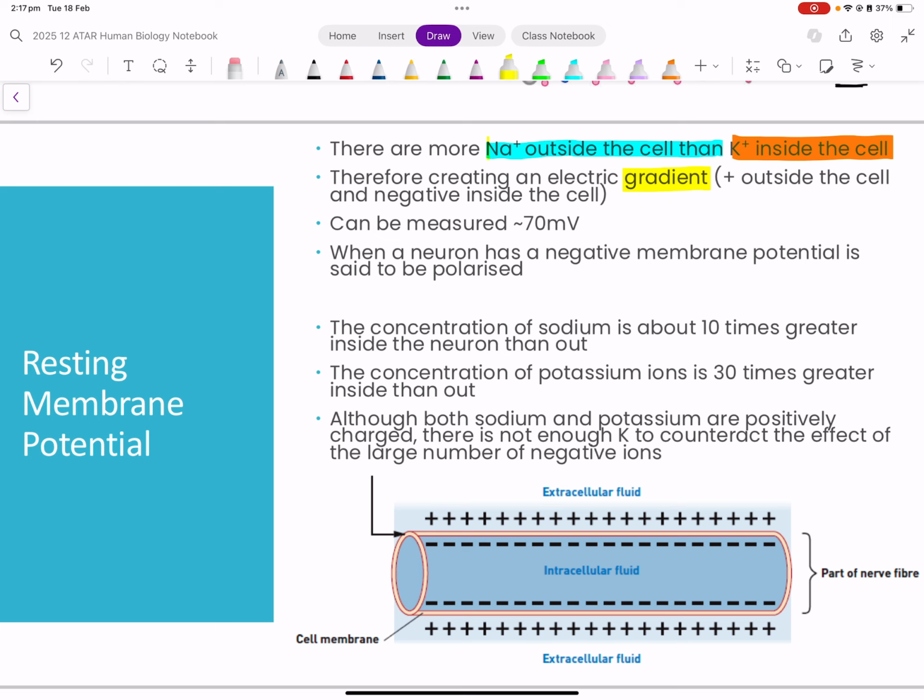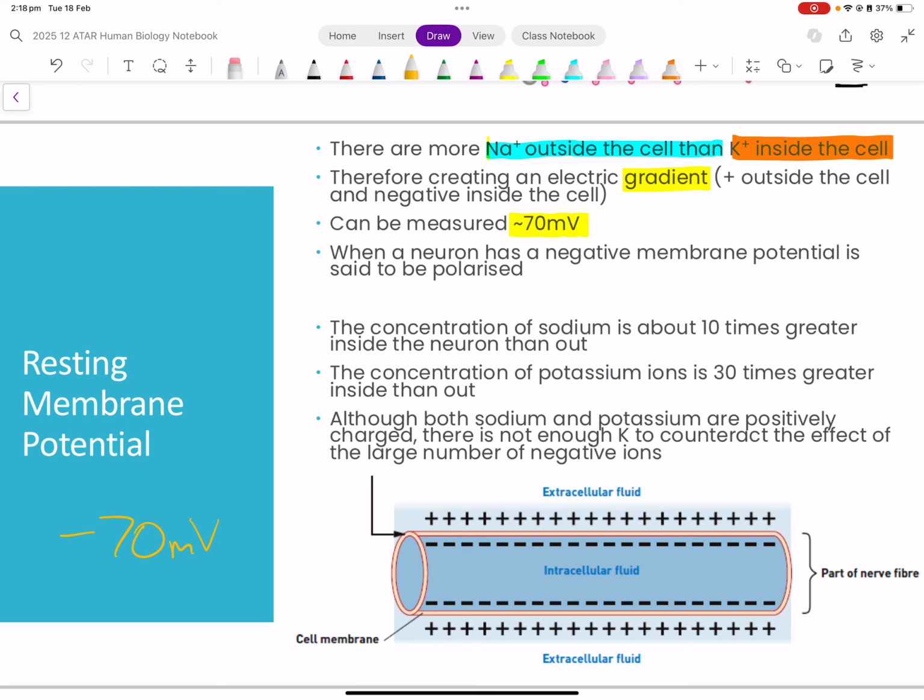We've measured this charge, and it's important to note that the resting membrane potential, which I'll write over on the left here as well, is negative 70 millivolts. When a neuron has a negative membrane potential, it is said to be polarized. So right now, this membrane is polarized.